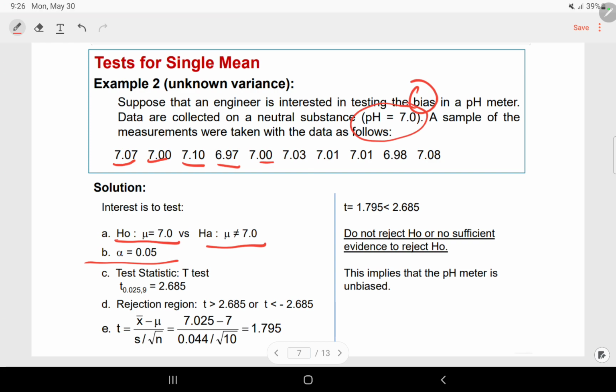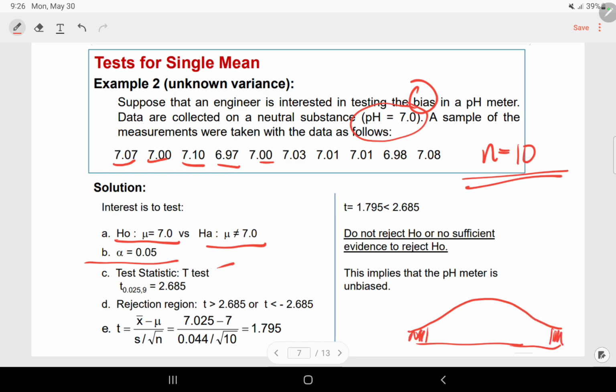So, if you observe, our n is 10, and we don't have a value for population variance or standard deviation, so wala siya. So we will use the t statistic. Okay? So if you observe on our HA, it's a two-tailed test. So draw natin dito sa part na to.